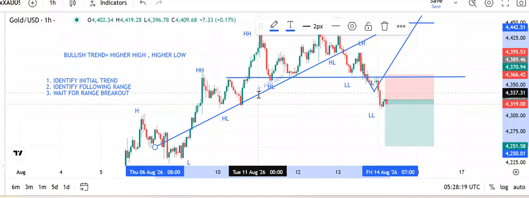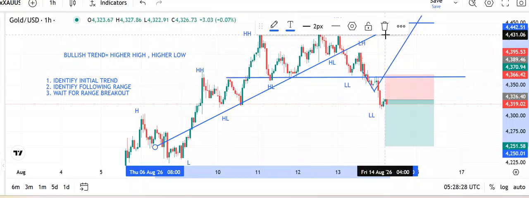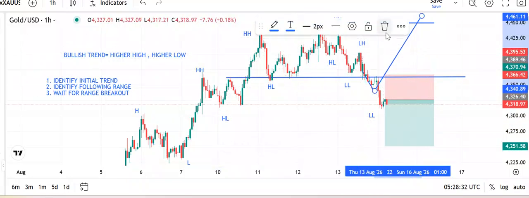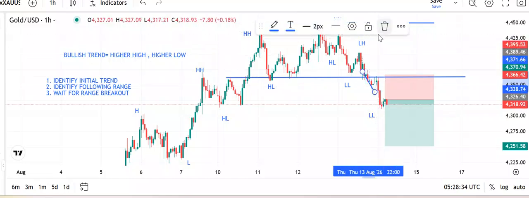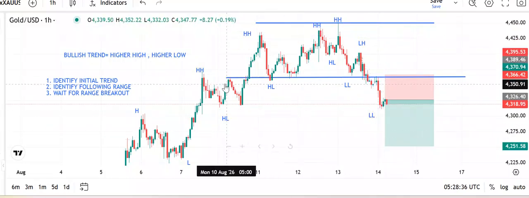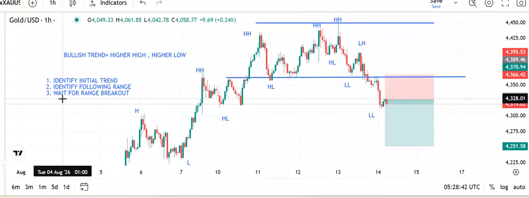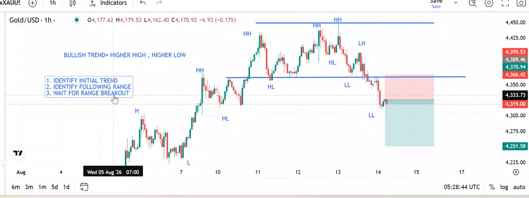So there is no certainty that price is going to go down. It's not certain. And the fact that it's not certain is the reason for stop loss and risk management. So identify initial trend, identify following range, wait for range breakout.